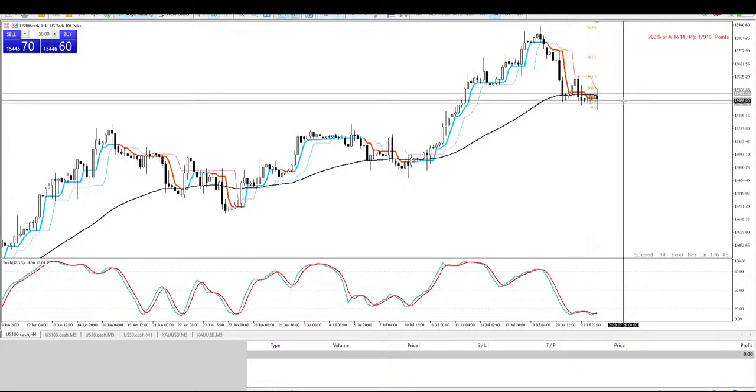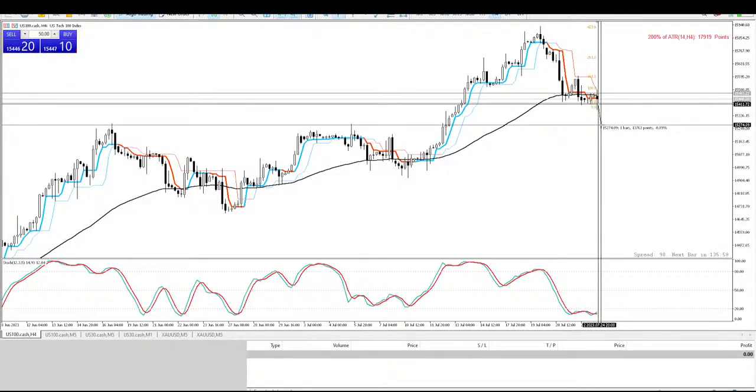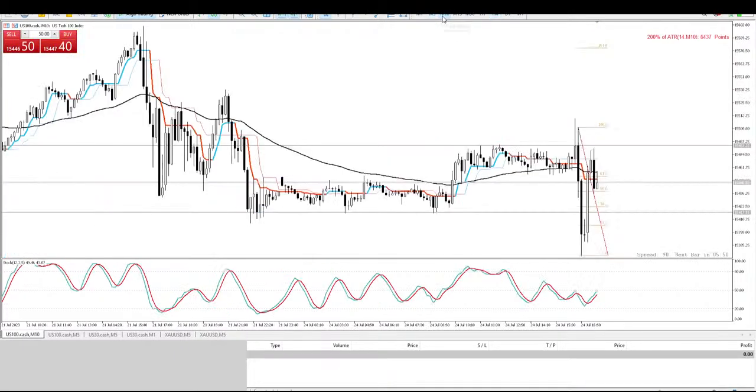Let's see what the next level would be if it was to come down. Let's say about here. So yeah, it's a 1 to 2, but you have to use a smaller lot size. Half your normal risk, maybe.